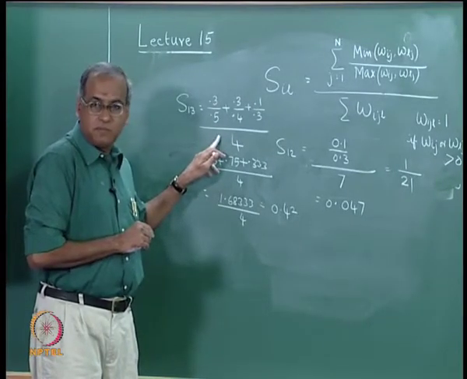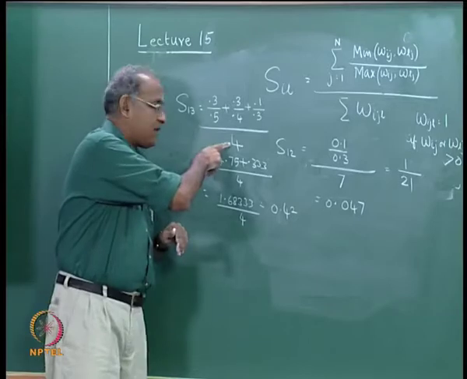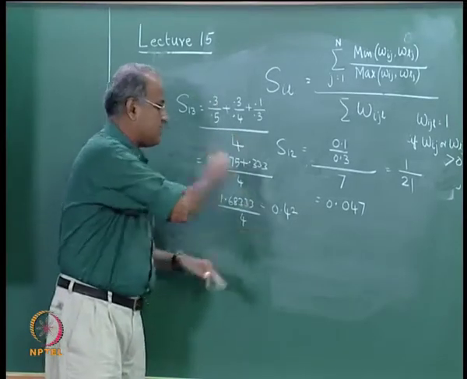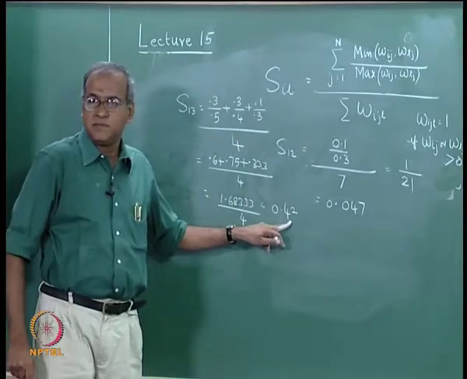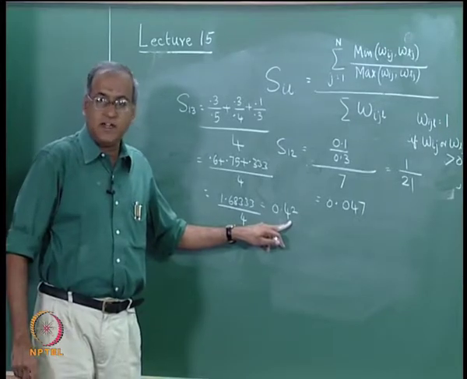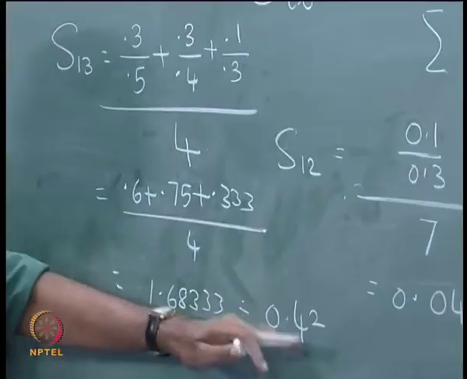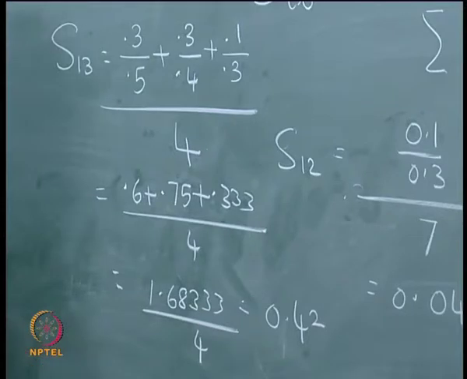That additional part 5 resulted in the denominator of 4, which pulled down the similarity coefficient. If 5 did not visit, then the similarity coefficient will be higher because you are dividing this by 3. So, the more it is packed, the higher the similarity coefficient, which is what you want.